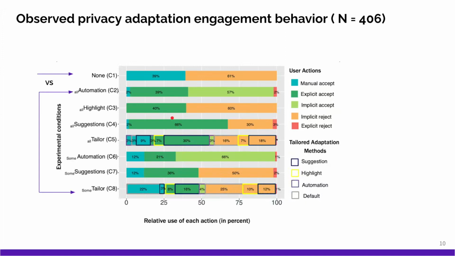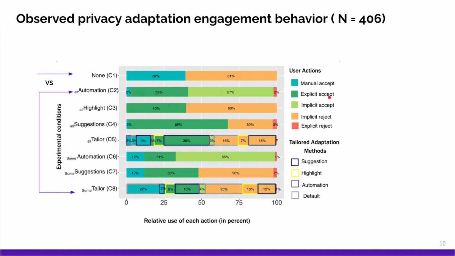when we compared the baseline conditions against all the other conditions in terms of the engagement that we saw, within these particular experimental conditions, participants had 5 actions that they could take. So they could either manually accept, which is the participant manually interacted with the privacy feature that was not adapted, or they rejected adaptation initially but then manually restricted their privacy after all.